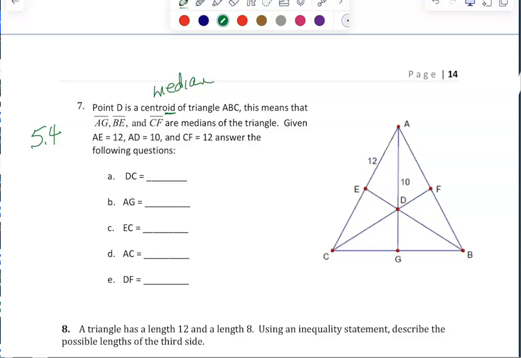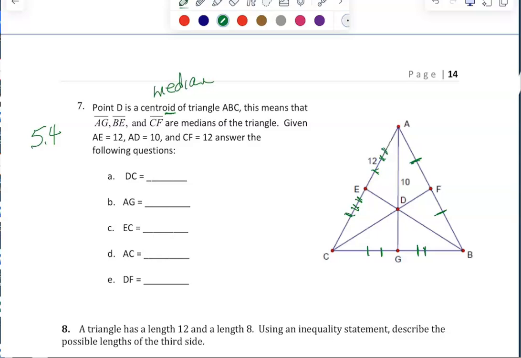A median comes out of the vertex and divides the side opposite it in half. Okay, so the median coming out of A divides the side opposite that angle A in half. Median is coming out of B and divides the side opposite it in half.